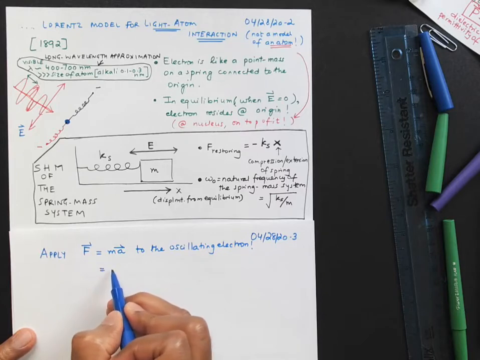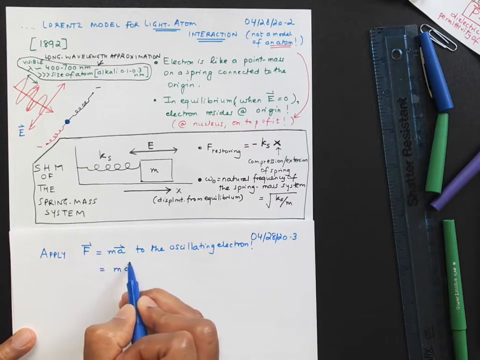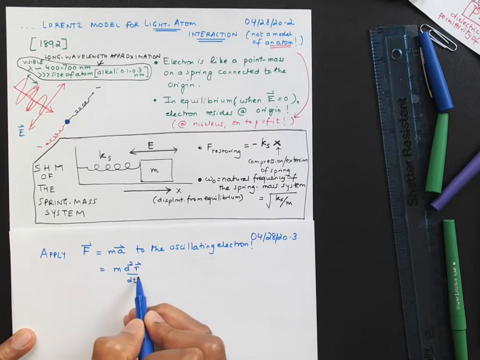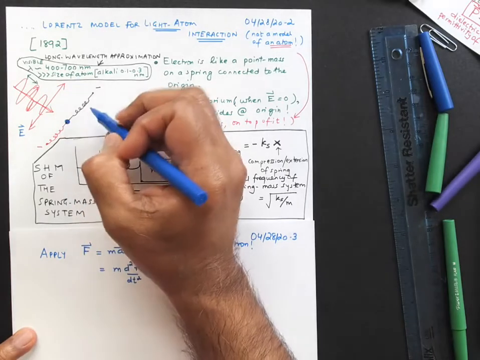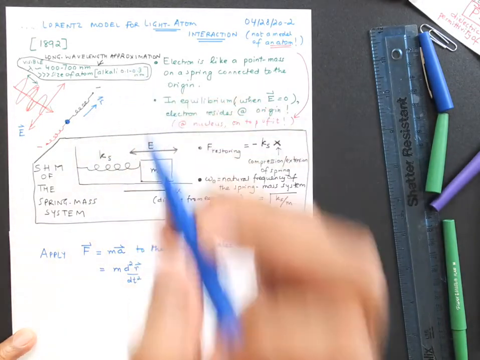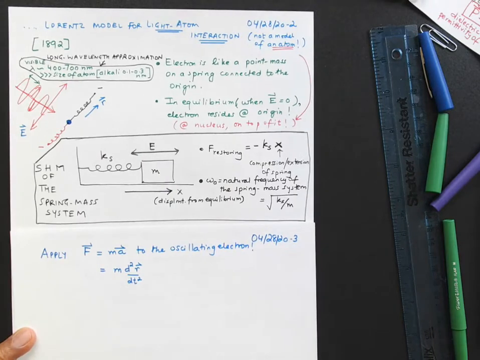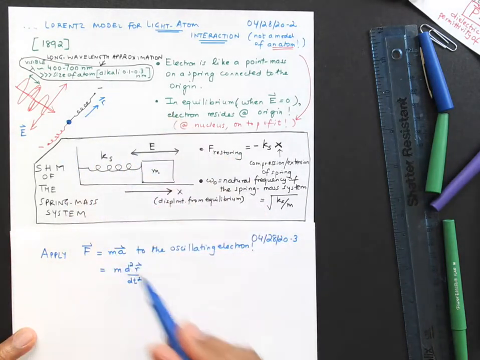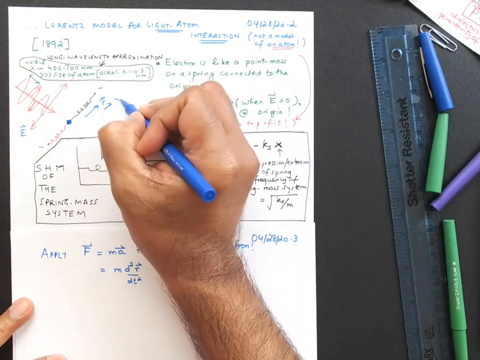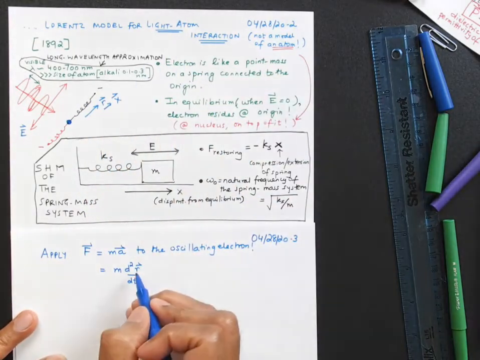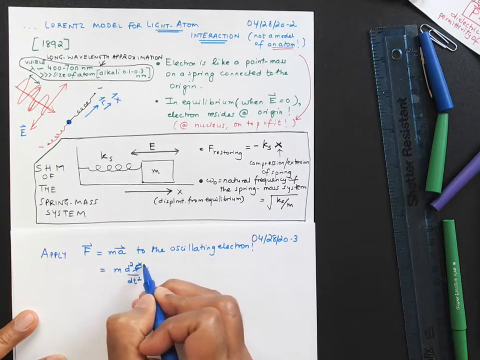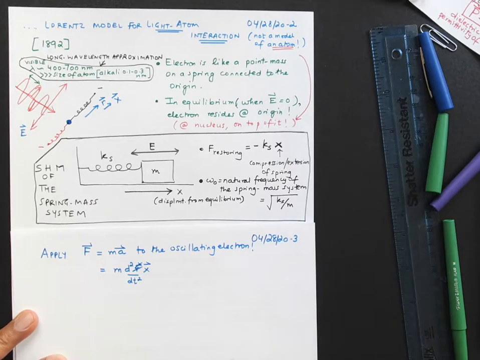The right hand side is easy. It's just m times the second derivative of R. Basically it's the displacement, like this coordinate is R, let's say. Now I am going with a one-dimensional model here, so maybe I'll replace this with an X. So that's why I'm saying X. So 1D.